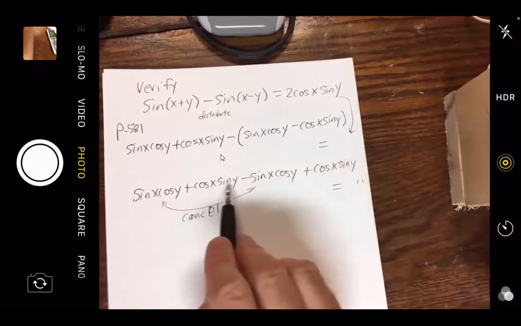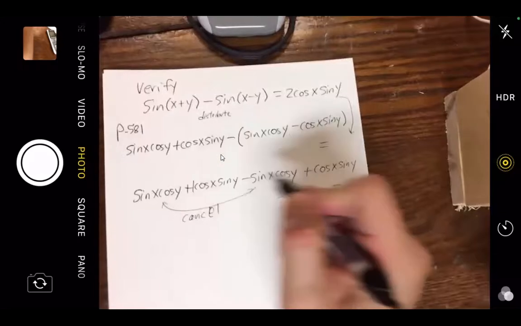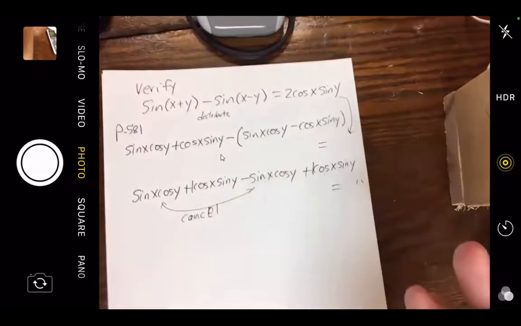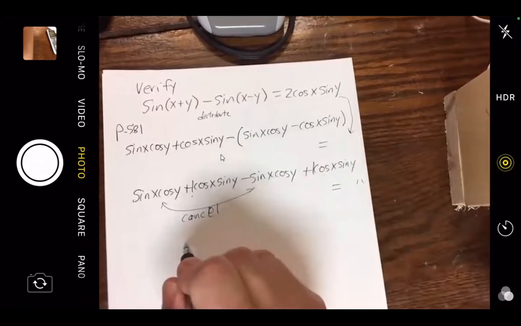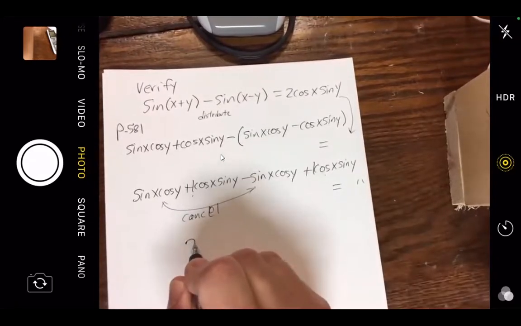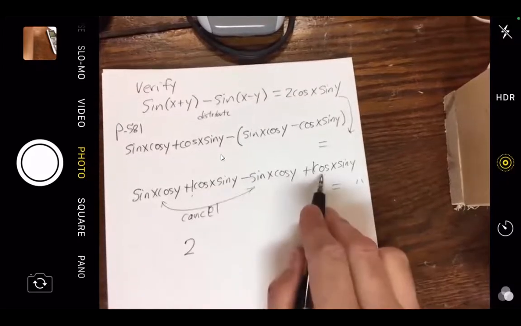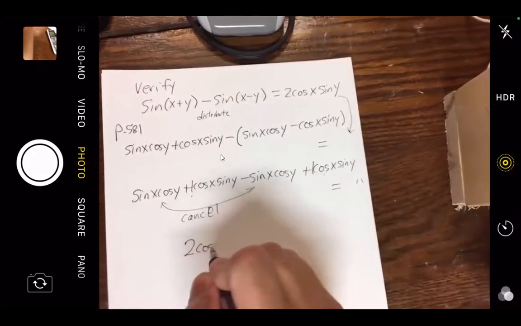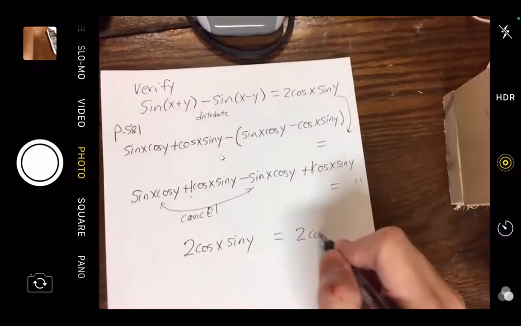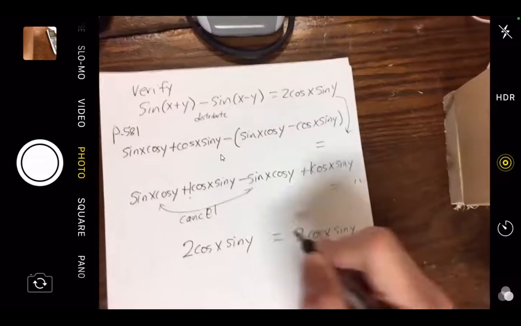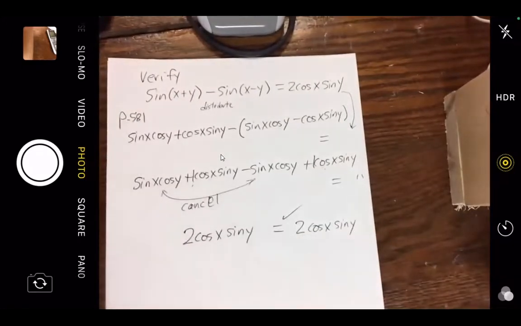And a cosine x sine y plus a cosine x sine y, one of these plus one of these makes two of them, cosine x sine y. On the other side, that's exactly what you have over there, 2 cosine x sine y. Only way I know how to do it.